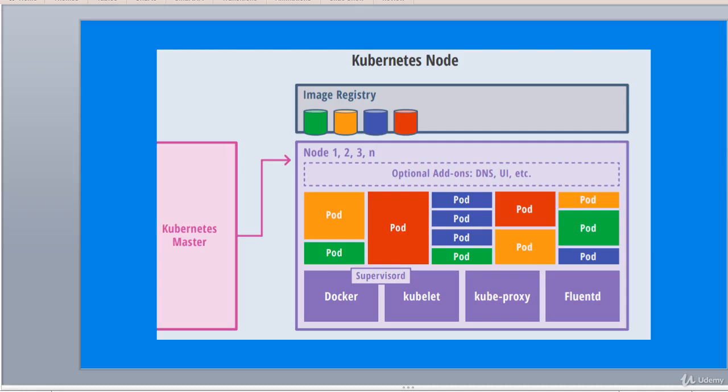Stateless pods can easily be scaled on demand or through dynamic auto scaling. Kubernetes 1.4 supports horizontal pod auto scaling, which automatically scales the number of pods in a replication controller based on CPU utilization.